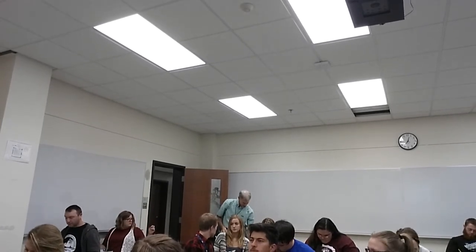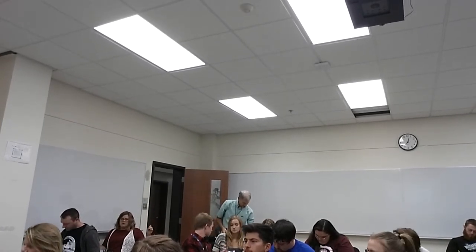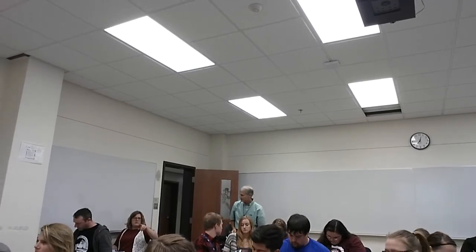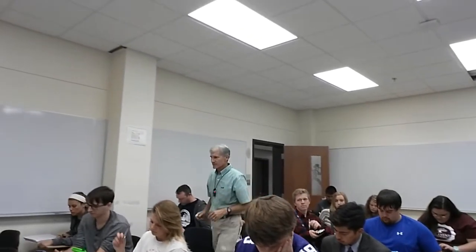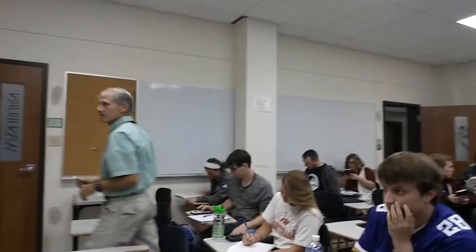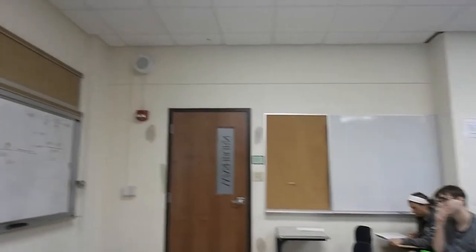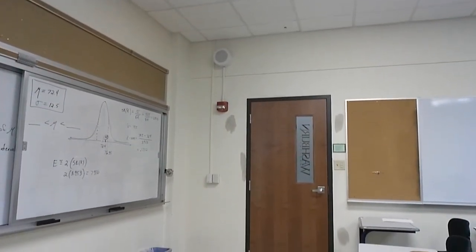So then you multiply those together and then just add and subtract them from x bar. Okay, so first thing to do is to figure out what your margin of error is.